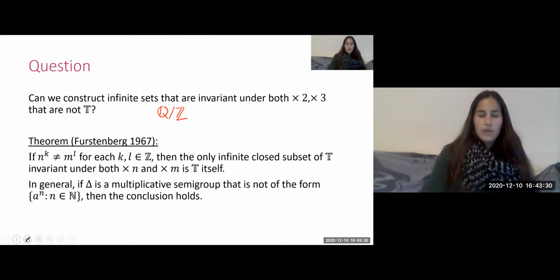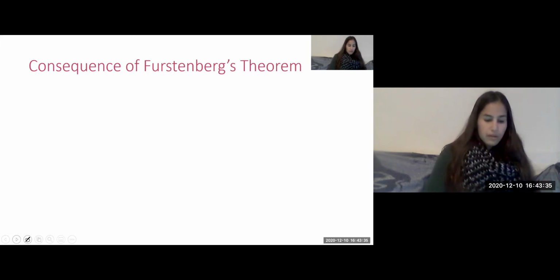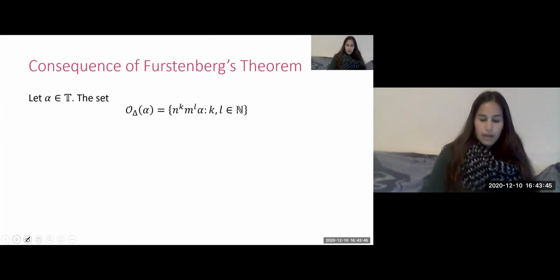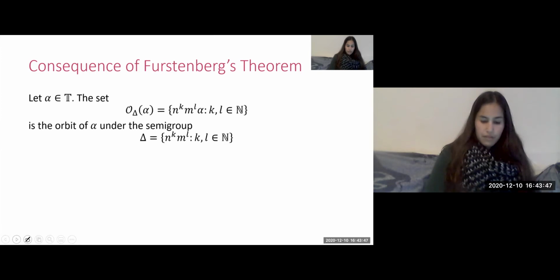Now, this is a nice theorem, but I would like to state it in a different way and look at a nice consequence of this. I'd like to state it in the language of orbits. So let's take some alpha, and I'm interested in the orbit of alpha under this semigroup. So if this is the semigroup, n to the k times m to the l, where k and l are in N, then the orbit would be all of these guys times alpha.